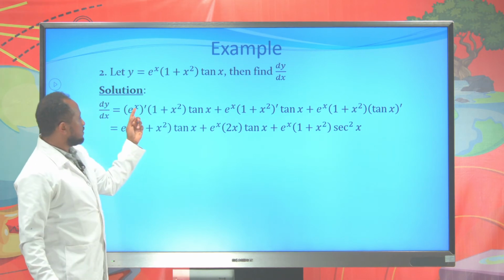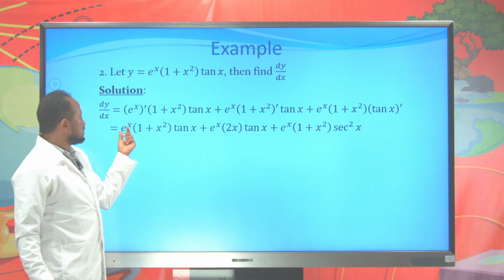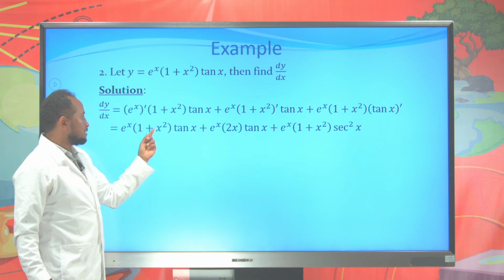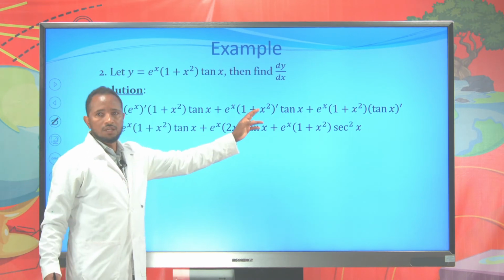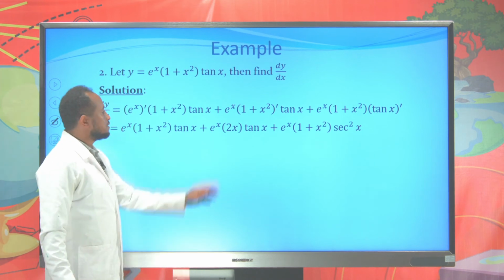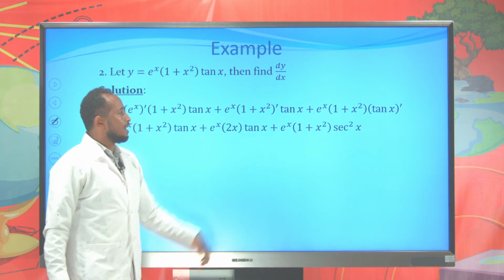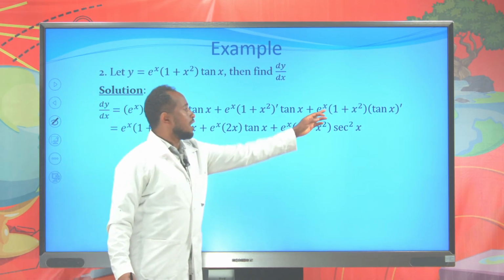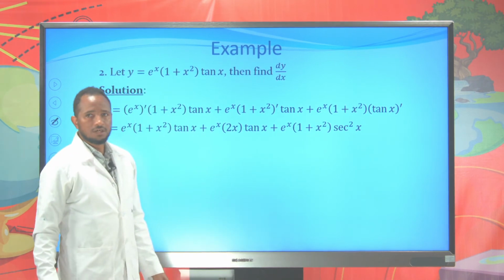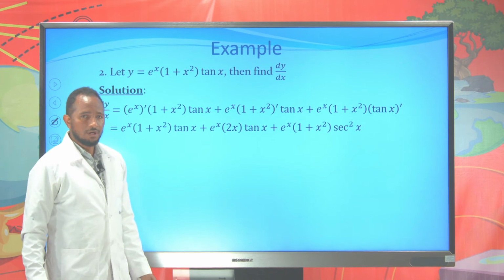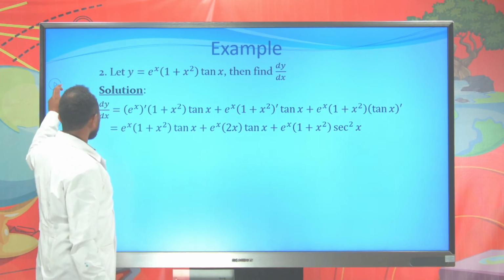The derivative of e raised to x is e raised to x itself, times 1 plus x squared times tan x, plus e raised to x, the derivative of 1 plus x squared is 2x, times tan x, plus e raised to x times 1 plus x squared, the derivative of tan x is sec squared x. Therefore, this is the answer.